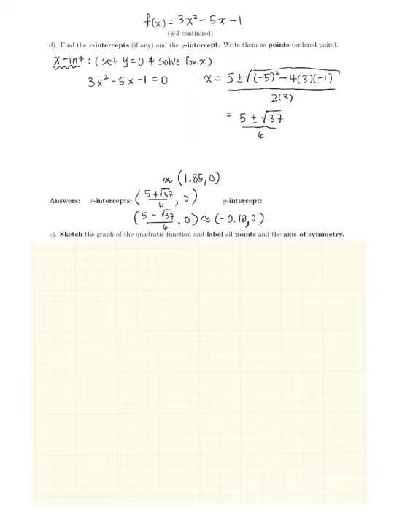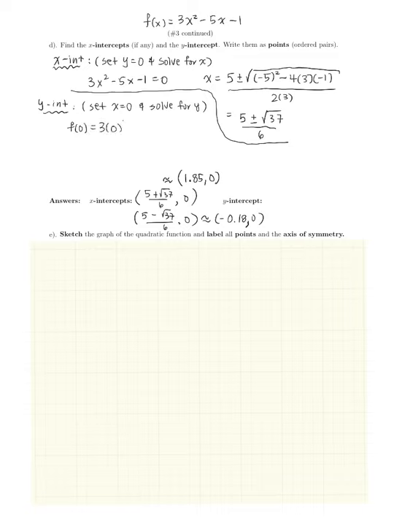Now let's go with the y-intercept. How do you find the y-intercept? You set x equal to 0 and solve for y. That's the same thing as computing f of 0, so this is 3 times 0 squared minus 5 times 0 minus 1.